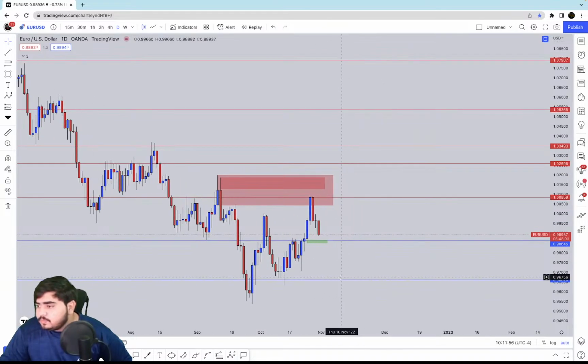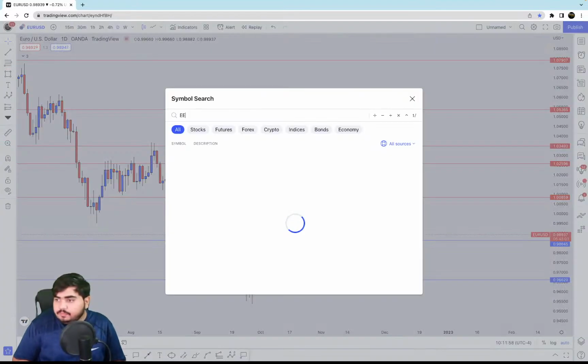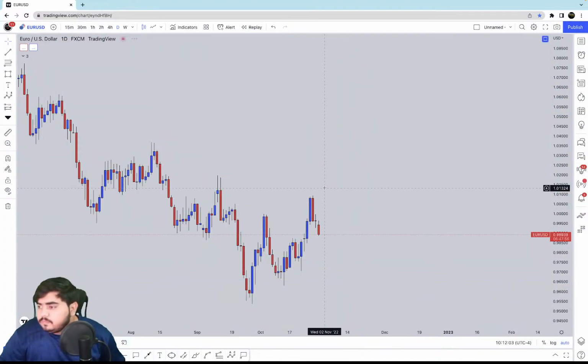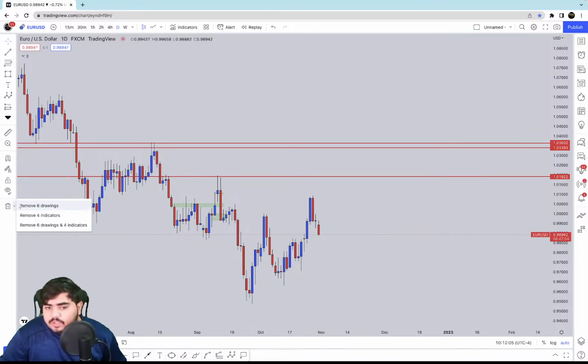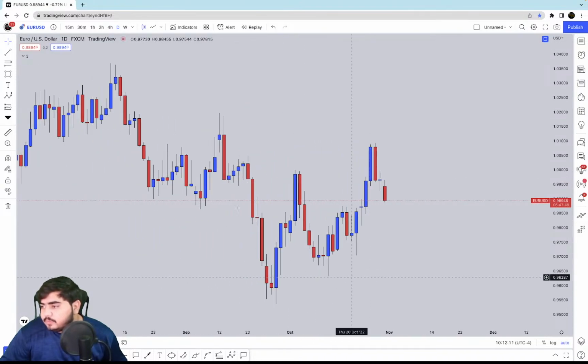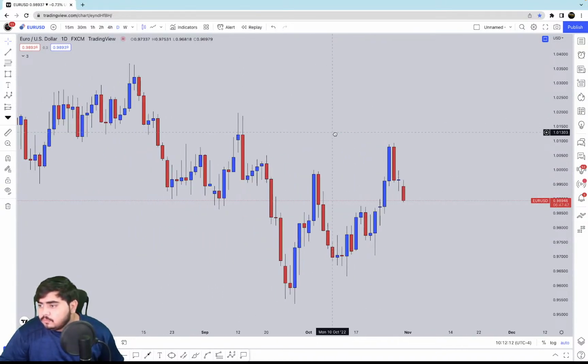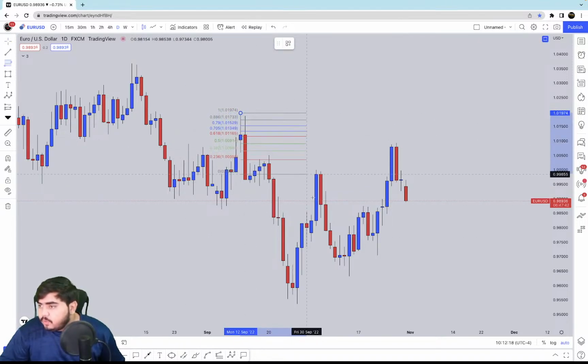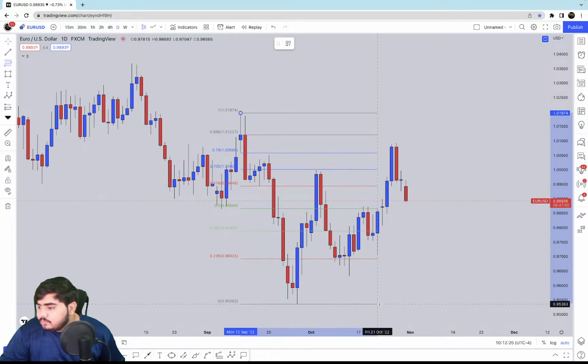Now let me remove everything on the Euro USD chart and tell you what's going on here. When we apply Fibonacci from this area to this area, we can see that the market has moved lower from this zone, the 61.8, 70% retracement area.